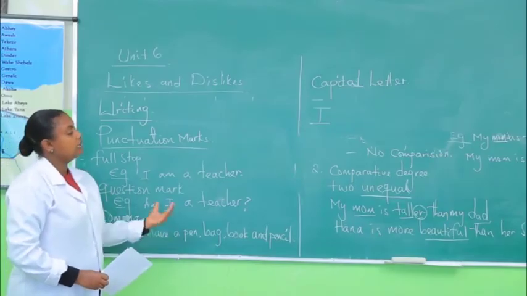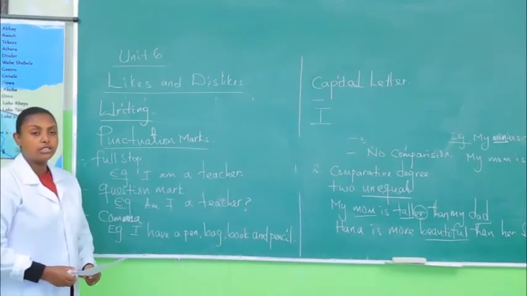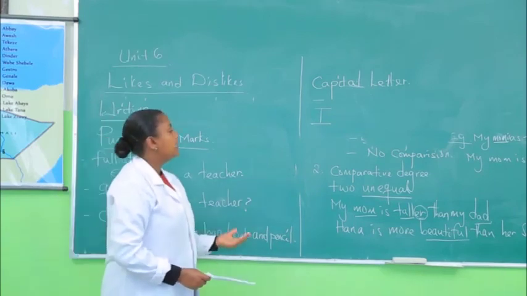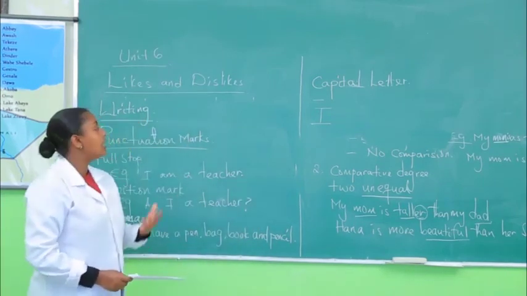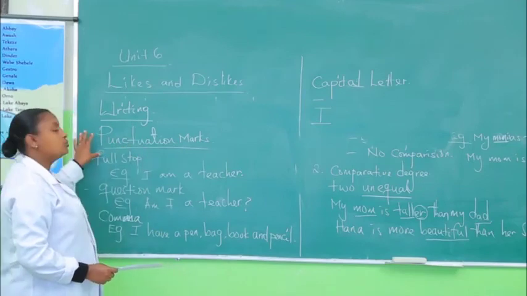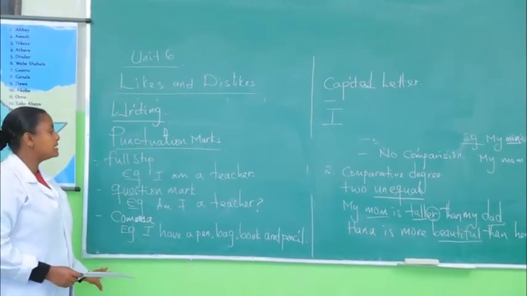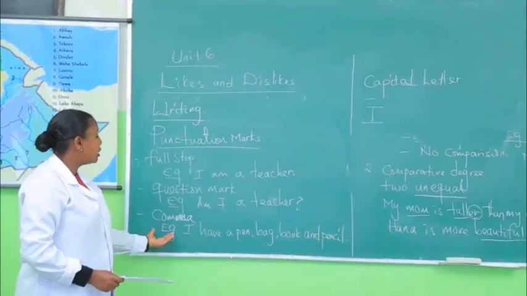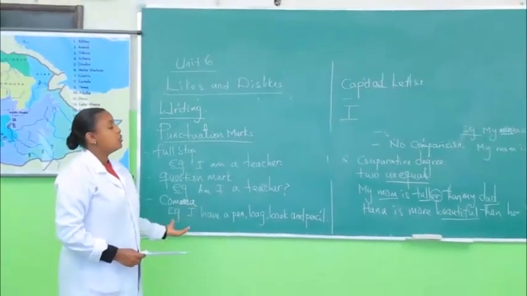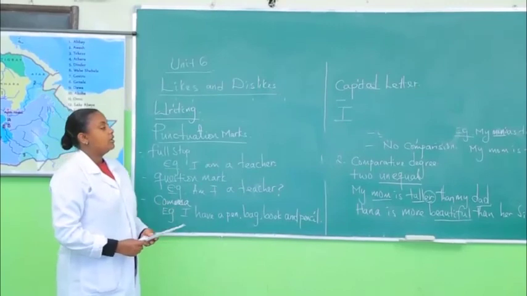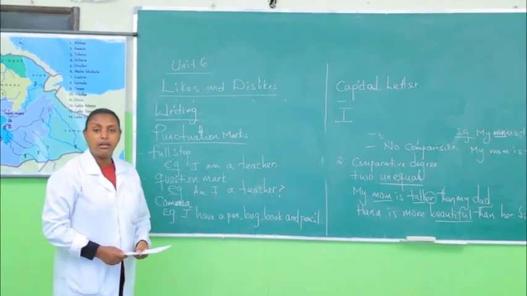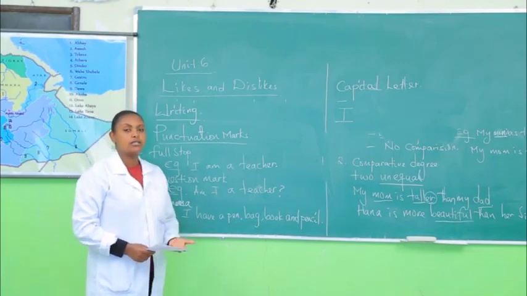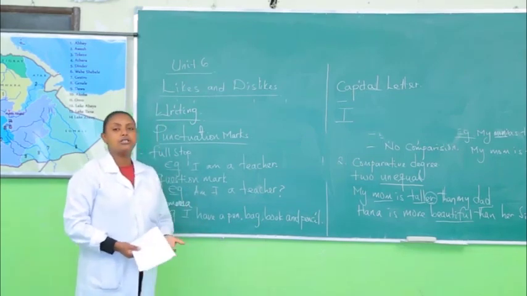And again, about comparison of adjectives, do the questions on your textbook with your parents. And also, when you are writing a paragraph, you need to use these 4 punctuation marks: full stop, question mark, comma, and capital letter. So, this is what I have for today. So, please, dear parents, help your students to do the questions at home.